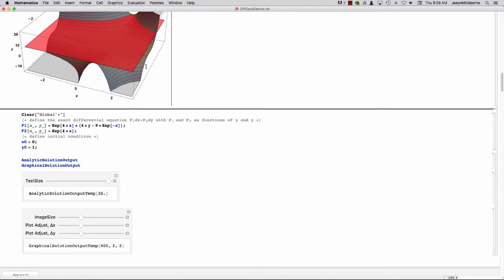We knew there was a potential function because this vector field, well, we found the potential function, but we could have also checked right here. Here's f1.